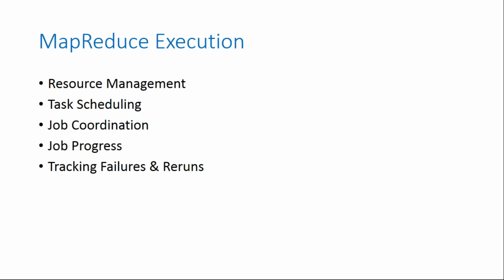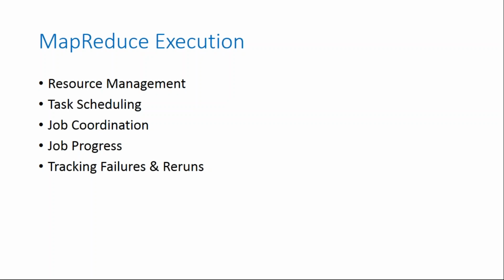If it fails, it is going to give it to a new task tracker and rerun it. That's why it is important that it keeps track of how these jobs are running and their progress. Most of this is part of the framework, because we're not going to write any of those classes. This is part of the framework classes.